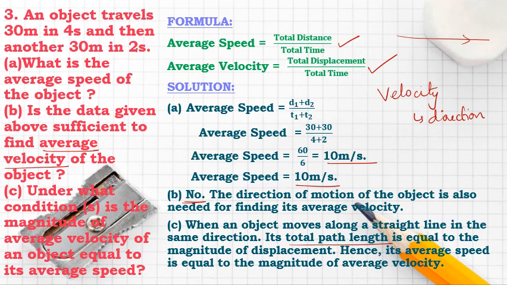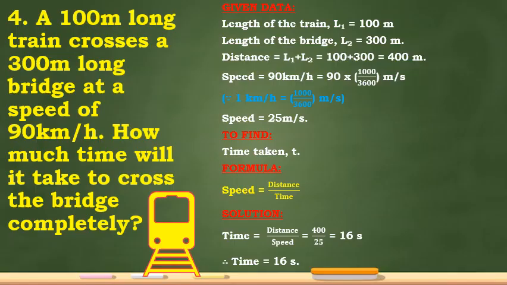The total path length is nothing but the distance. If distance is equal to the displacement, then average speed is also equal to the average velocity. Thus, its average speed is equal to the magnitude of the average velocity.